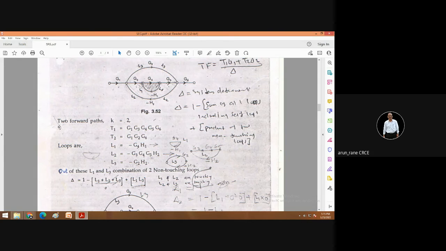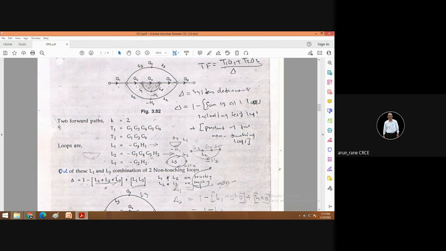So they are touching here. Now non-touching loops. So this L1 and this L3, they are absolutely non-touching. So that means there are two touching loops and one non-touching loop.